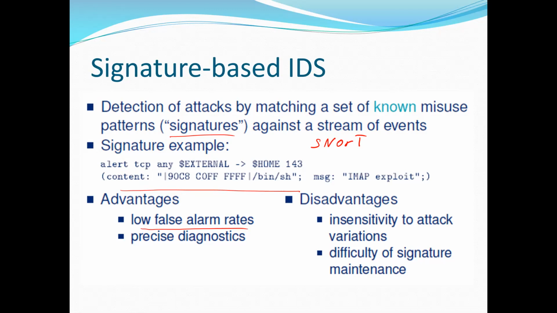You're going to end up with hundreds of thousands, and the system administrators simply will not be able to look at all of them. So when an alarm goes off, you definitely want it to be because it's a real thing that you've detected. That's the advantage with signature-based: those are attacks for sure.